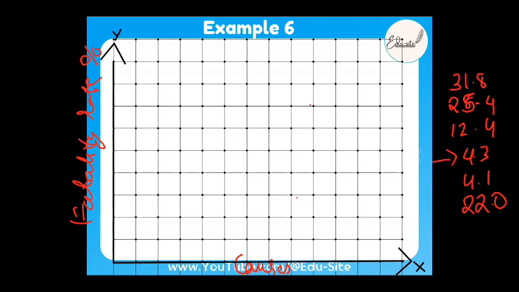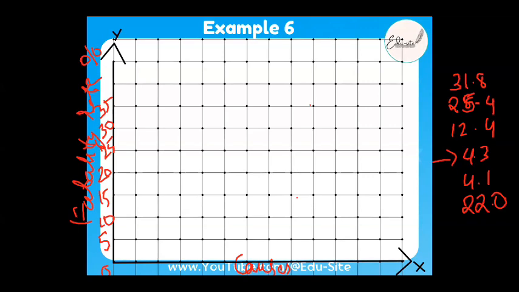I want you to tell me the scale on the y-axis. 5, 10, 15, 20, 25, 30, 35 is enough. It's more than enough. Okay, you can make the graphs.